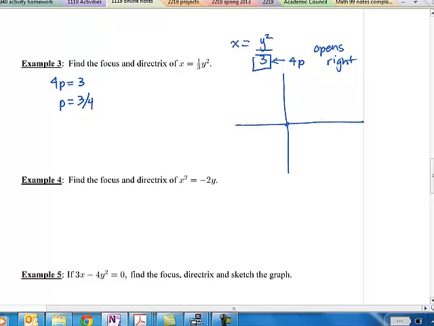If it opens right, the focus has to be on the x-axis. So the y-coordinate is 0, and the x-coordinate then would be p, which is 3/4. And the directrix would have to be a vertical line, so an x equals has the opposite sign from the non-zero coordinate of the focus, so -3/4.